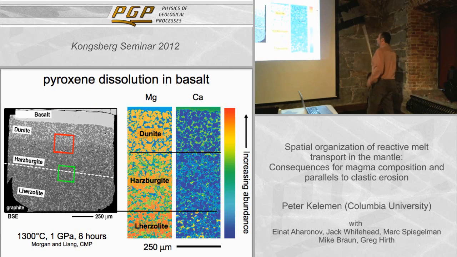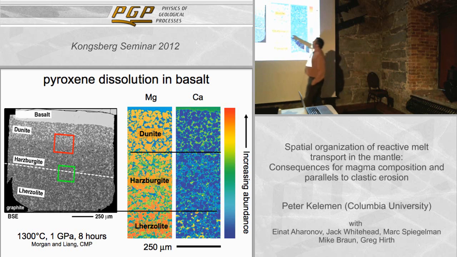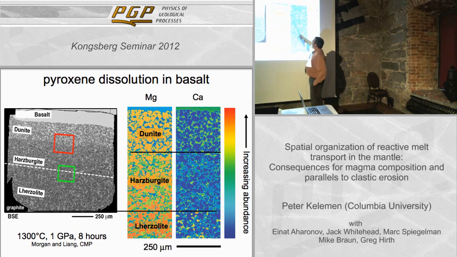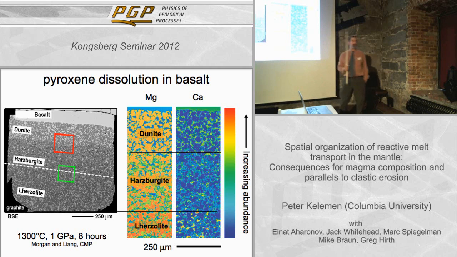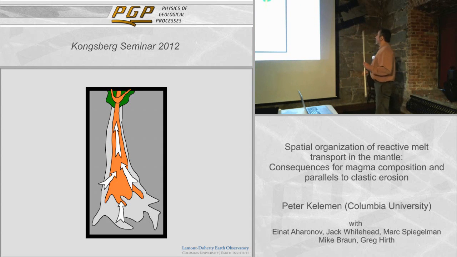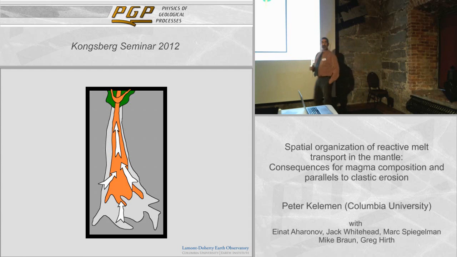And here's a nice experiment done by the group at Brown, where they've taken olivine-saturated basalt and reacted it with a pyroxene-rich peridotite and actually produced not only a dunite zone, but also a harzburgite zone in a lherzolite matrix. So the idea is that these dissolution channels form in the mantle about halfway up the melting column.